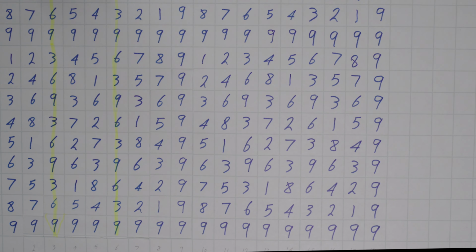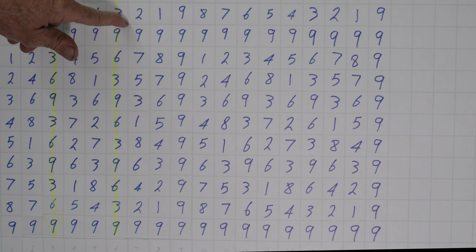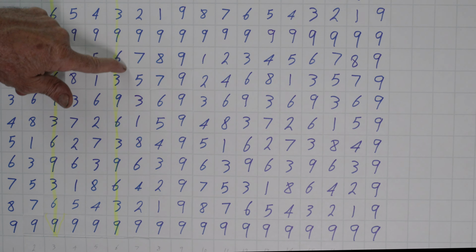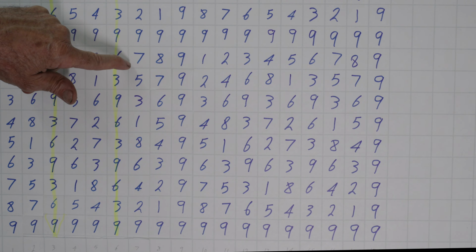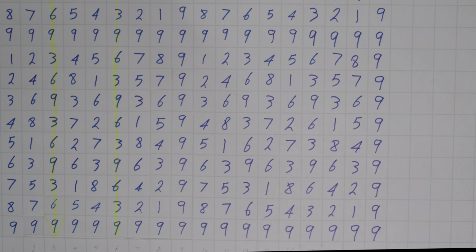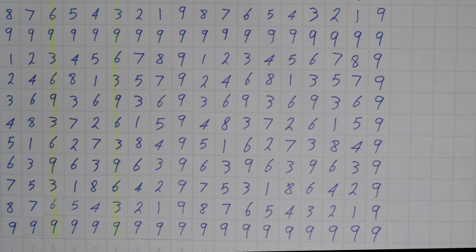Or 5, 7, 3, 1, 8, 6, 4, 2, 9, 7. That repeats itself again, 7, 5, 3. But if you add just 9 to 7, it comes to 9. Same thing, left and right. Those are patterns that I found.